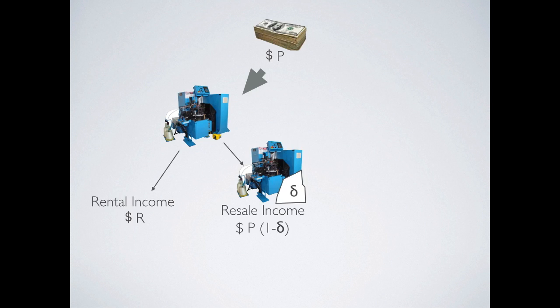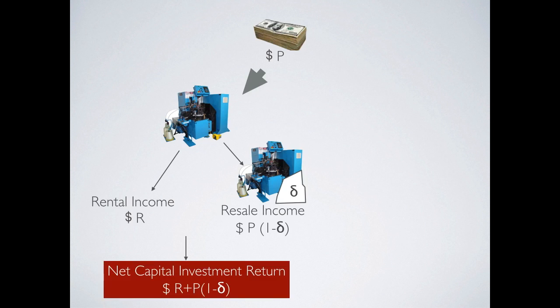Therefore, if we decide to save this P dollars by investing in capital, then we would have a net capital investment return of R plus P times 1 minus delta. However, the other possible choice of saving is to buy bonds, which means you lend it to other people.